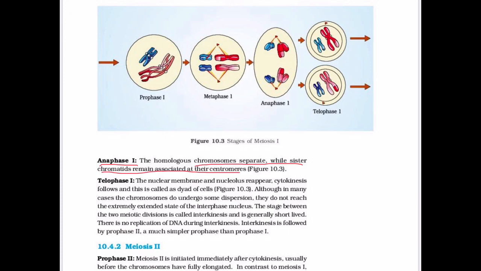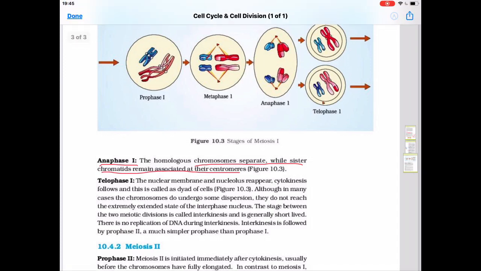So the actual reduction of chromosome number occurs during anaphase 1. Telophase 1: the nuclear membrane and nucleolus reappear. Cytokinesis follows and this is called the dyad of cells. Now from one cell, two cells are formed.